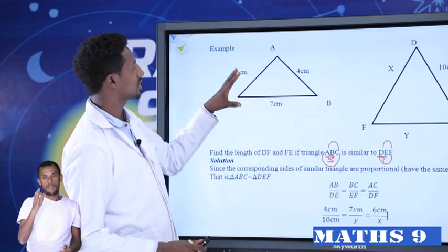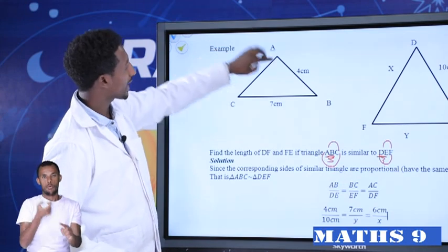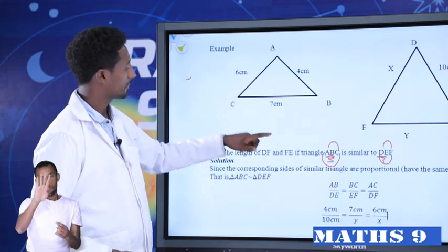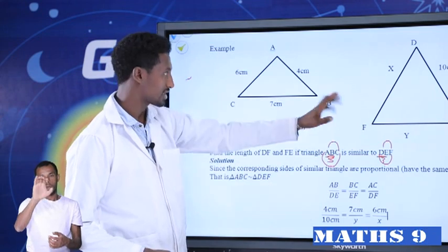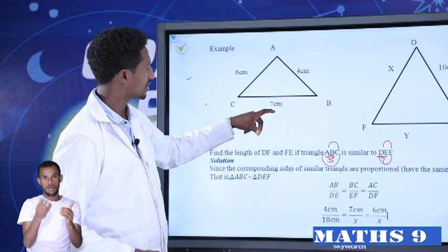So let's substitute these values. Here, the distance from A to B is 4 centimeters, and DE is 10 centimeters as given, and BC is 7 centimeters.